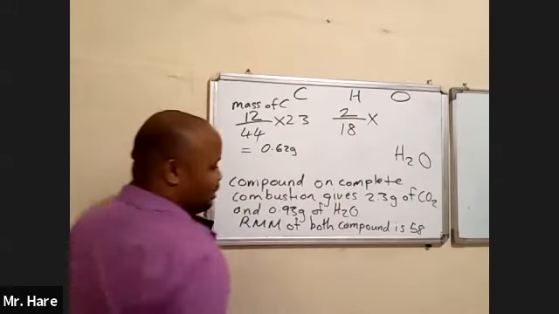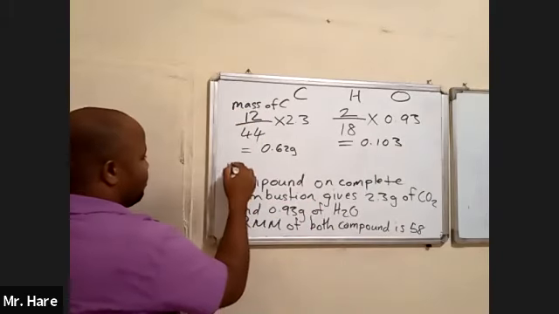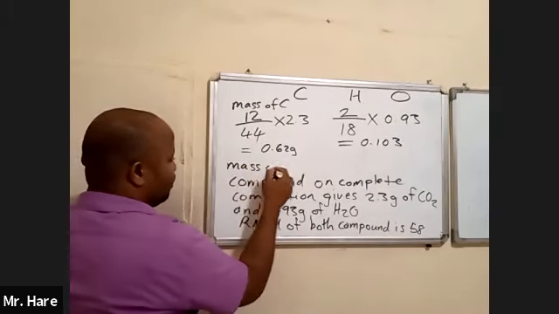So it is 2 over 18 times the mass of water, 0.93. That gives 0.103 grams. Now to get the mass of oxygen, we have the mass 16 over 18, we're going to do it that way.